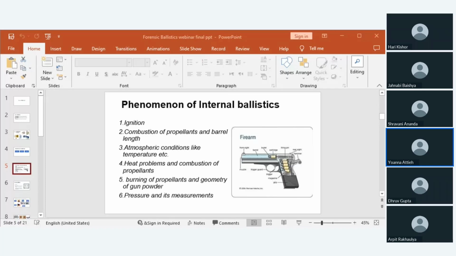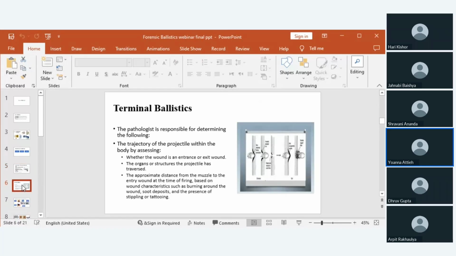However, the precise dynamics of ignition, combustion, and the resultant acceleration within the barrel have already determined the velocity, energy, and trajectory of the projectile, all of which are critical for understanding how the firearm discharged the bullet.